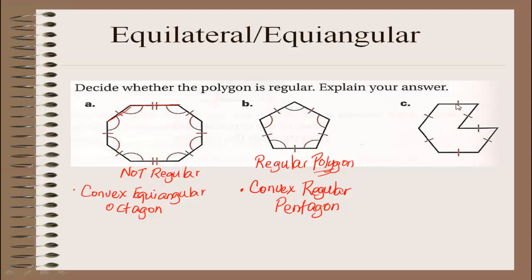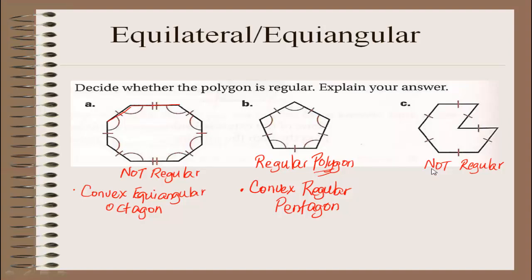And this polygon here, I can't say it is regular. It is not. Why not? Because they don't give us information about the angles. And in order to say it is regular, I need to know if the angles are congruent. So all I know about this figure, the way it stands, is that it has all congruent sides. That means that this is equilateral.